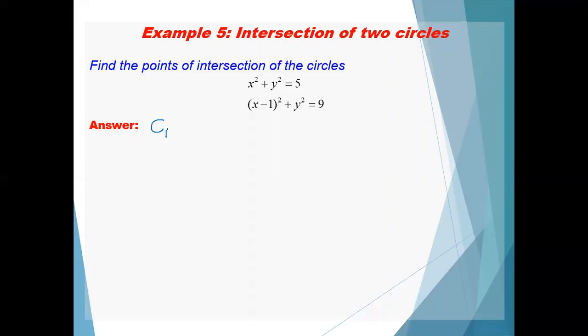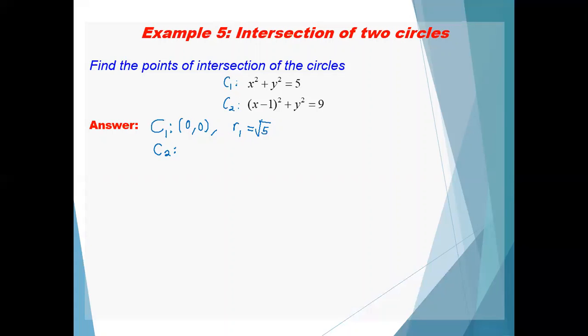From here you can see that the center of C1 is 0, 0. The radius of circle 1 is square root 5. What about C2?